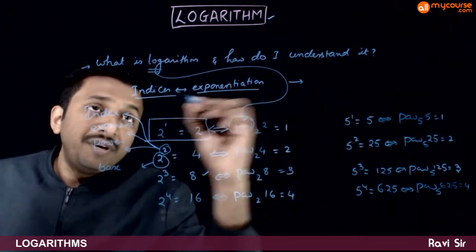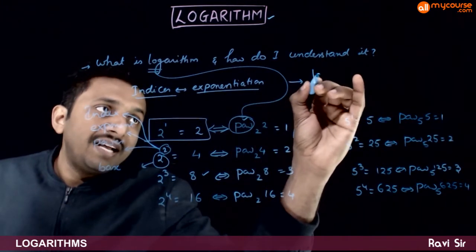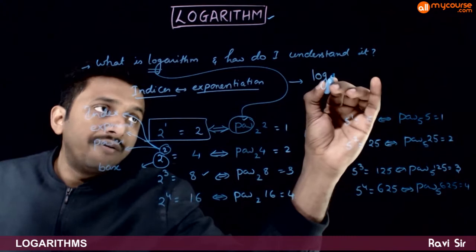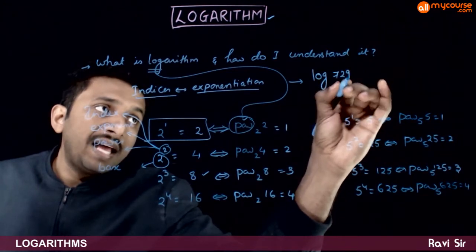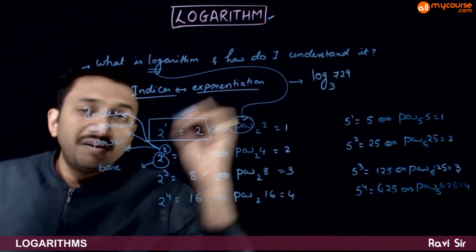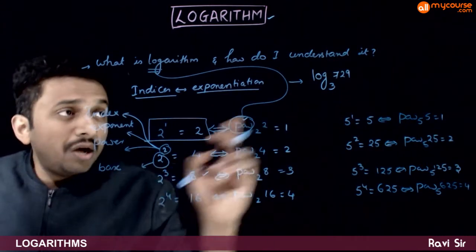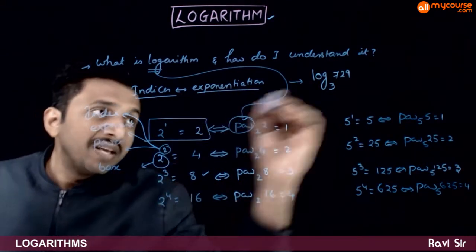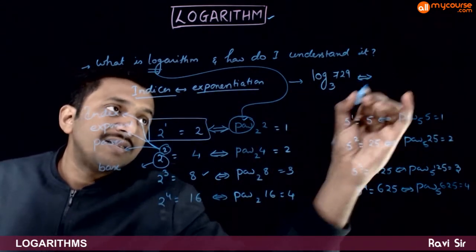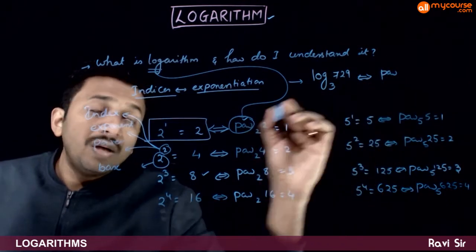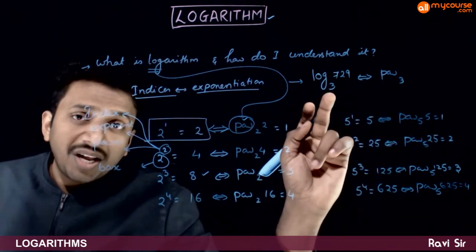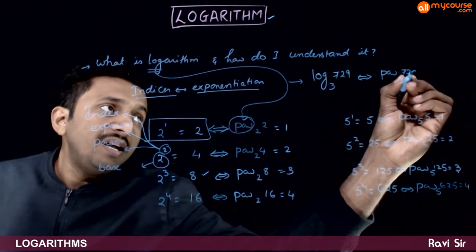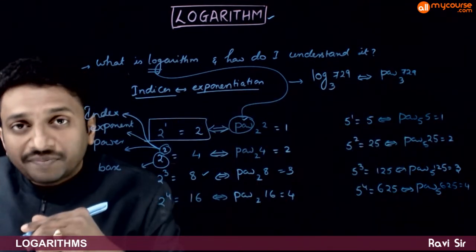So what we do in log is, if I write log of 729 to the base 3, if I ask you what the value of log of 729 to the base 3 is, this is exactly the same as the power to which base 3 has to be raised to get 729 as the answer.